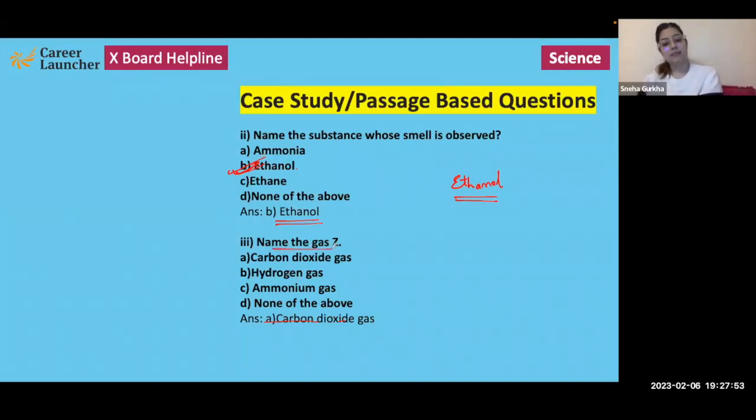Next, name the gas Z. So we already decided that carbon dioxide is liberated as a process of fermentation, and the correct answer to this will be A, carbon dioxide. So our options are carbon dioxide, hydrogen gas, ammonium gas, none of the above. So the correct answer to this is carbon dioxide gas.